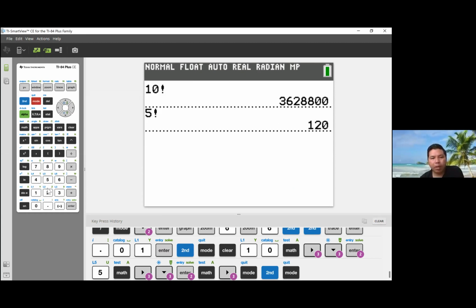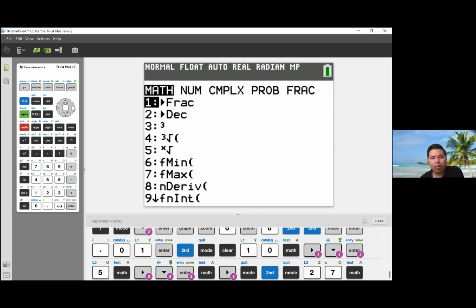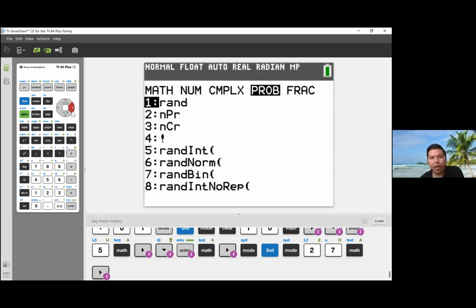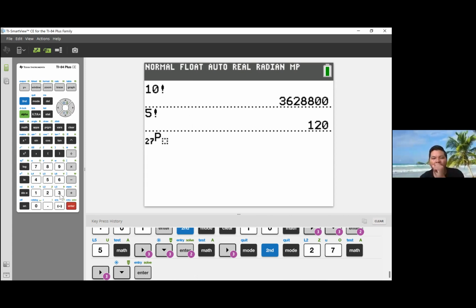So I have 27 contestants, and I want to select 3 to win first, second, and third. There we go, 17,550. So that will be how many arrangements I can have for the first place, second place, and third place.